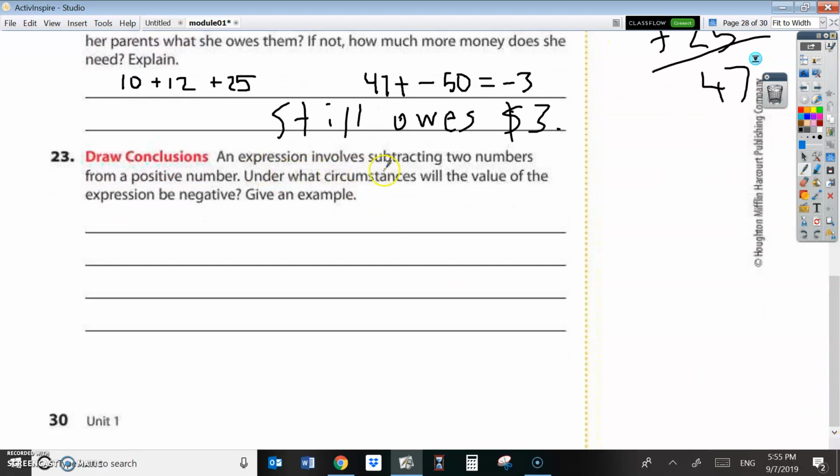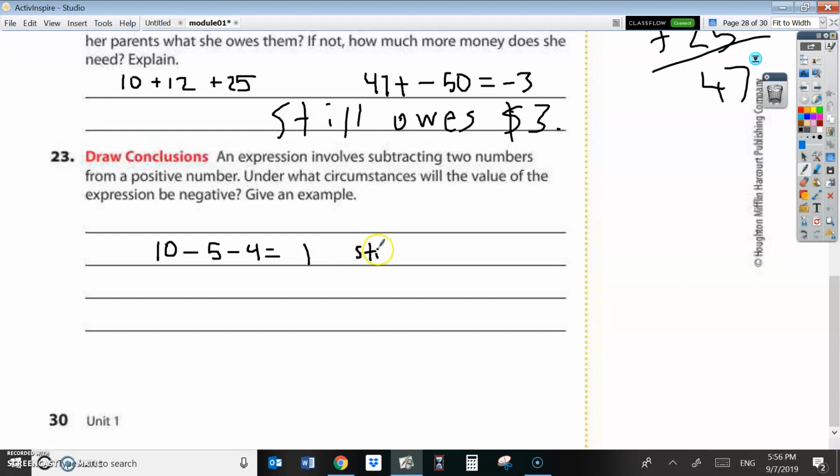An expression involves subtracting two numbers from a positive number. Under what circumstances will the value of the expression be negative? So let's start with 10. We'll subtract 5, and we'll subtract 4. What would that equal? Equal 1. Okay, so that's still positive.